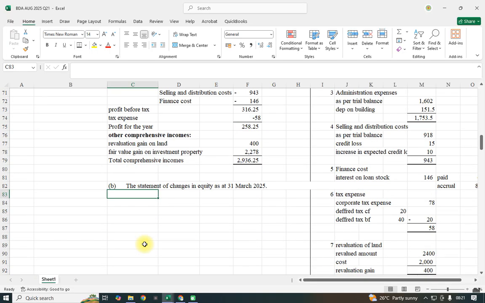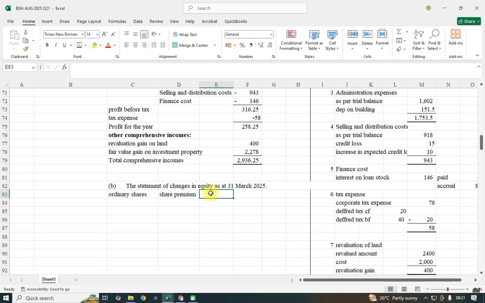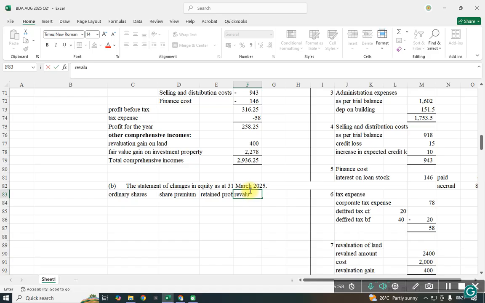We have ordinary shares, share premium, revaluation, or retained first. So the retained profit, revaluation reserve, and the total.